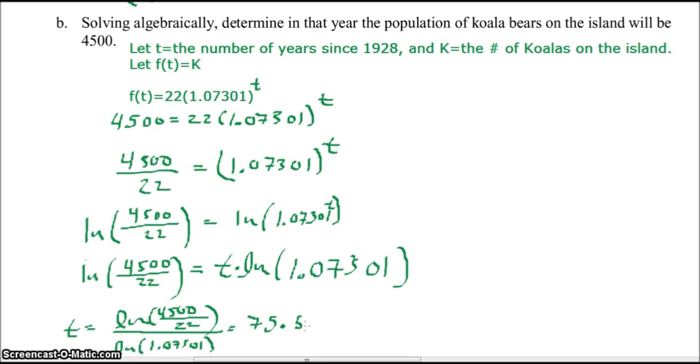So 75 and a half years, then the koalas will reach a population of 4,500. And if we took 75.5 and added it to 1928, we'll see that it's in the year 2003. So that's the year.